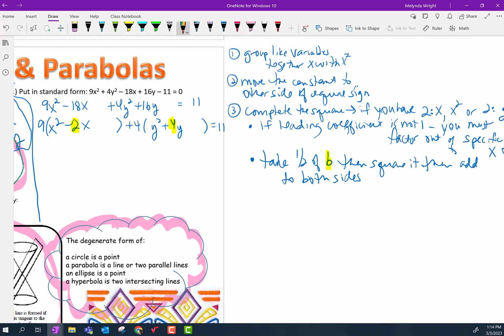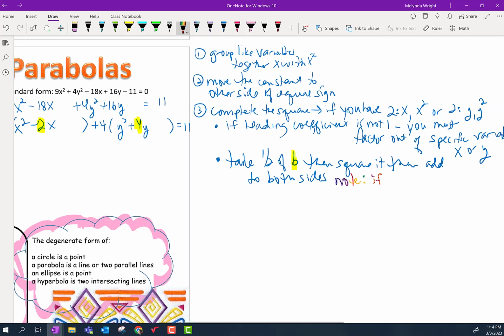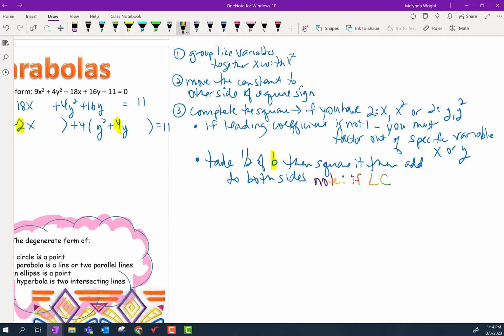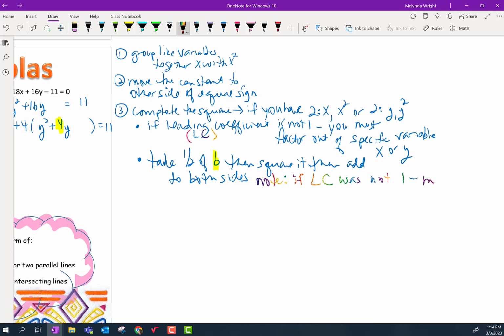Note, if the leading coefficient was not 1, you must adjust the number you are adding to the right side.